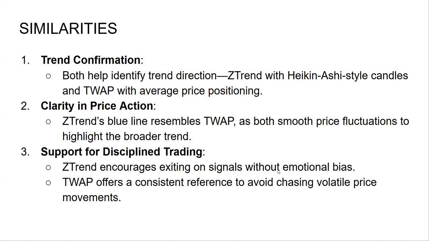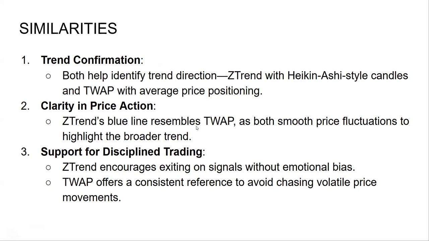Okay. So what are the similarities between the Z trend and TWAP? First is trend confirmation. Both help to identify the trend direction: Z trend with Heikin-Ashi style candles and TWAP with average price position. Second thing is clarity in price action.